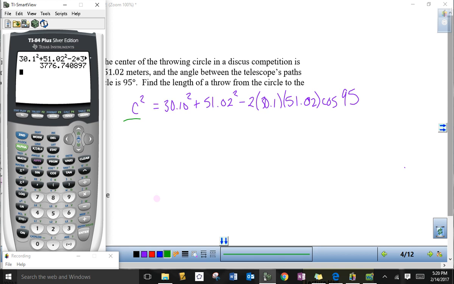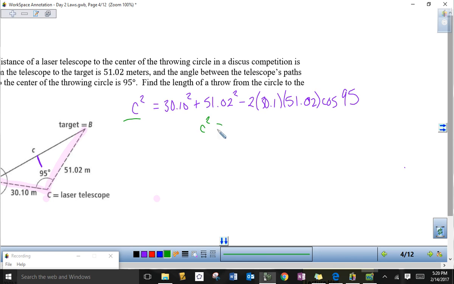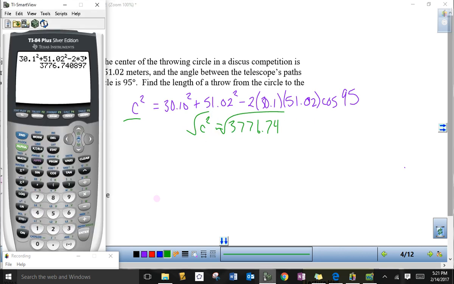But that's not the length of a discus throw, because we've got c squared equals this number. So c squared was approximately 3,776.74, and I'm going to take the square root to actually find the length of my throw.